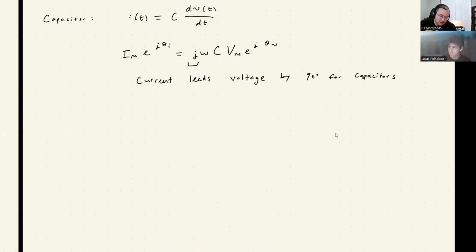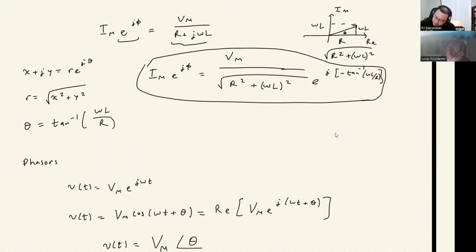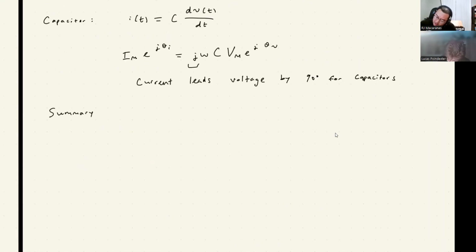So with that, a summary of these results: they have this boldface notation for the current, J omega C times V. Whenever there's an underline, it's like a boldface in the text.